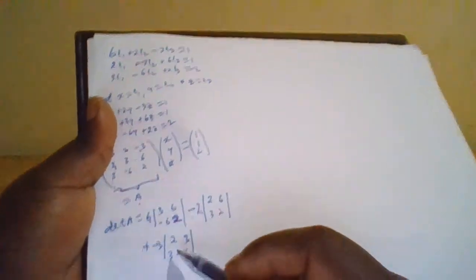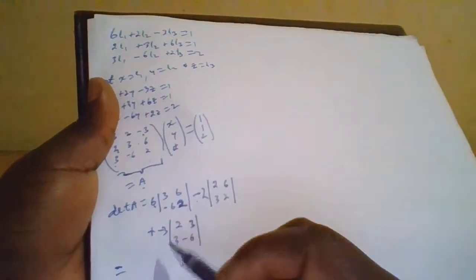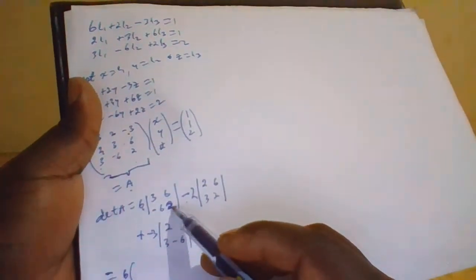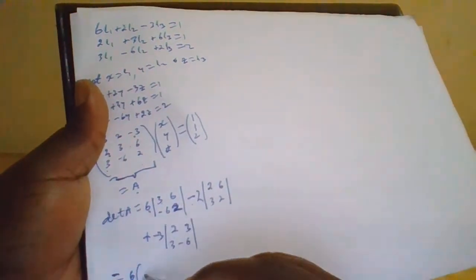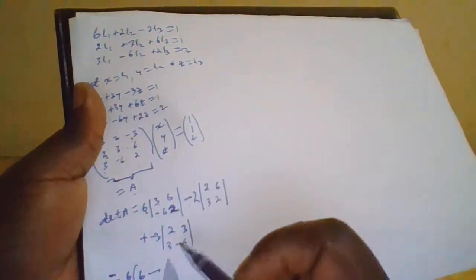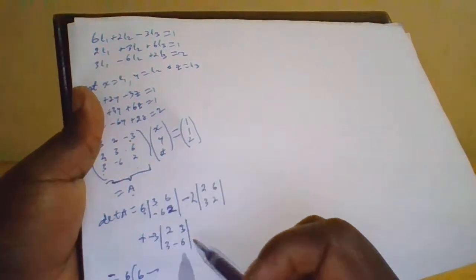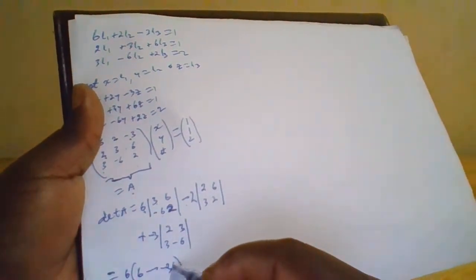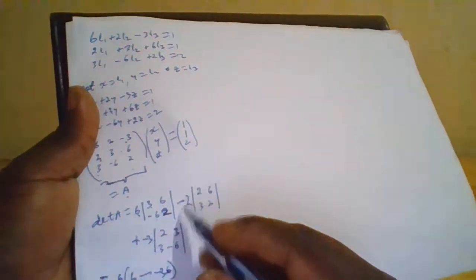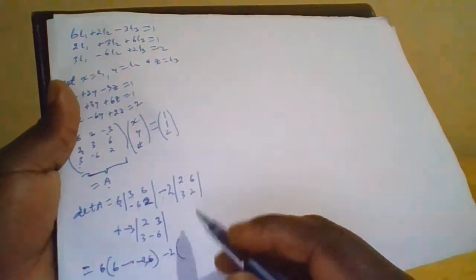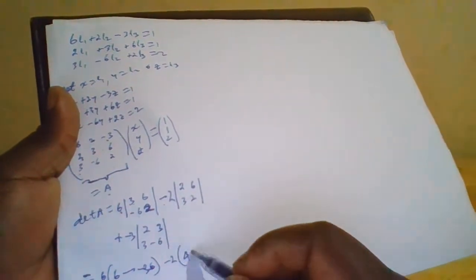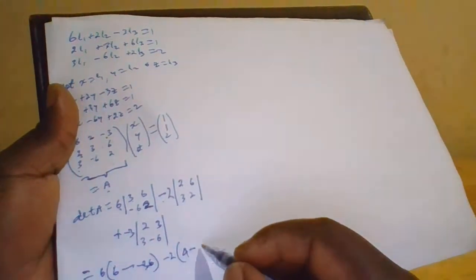You can now expand the determinants. So we have 6 into 2 times 3, which is 6, minus negative 6 times 6, minus that 6. Then we have minus 2 into 2 times 2, which is 4, minus 3 times 6, which is 18.